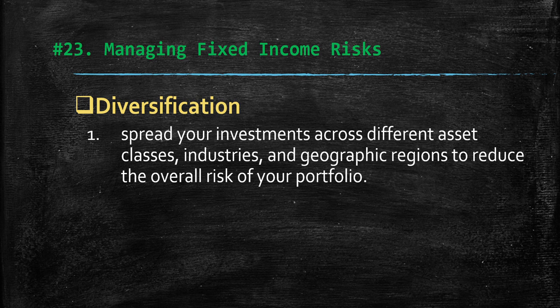By diversifying, you are spreading your investments across the different asset classes, industries, and geographic regions to reduce the overall risk of your portfolio. It's okay to start your investments with one class of assets, in this particular case, maybe bonds, but with time, you need to diversify.